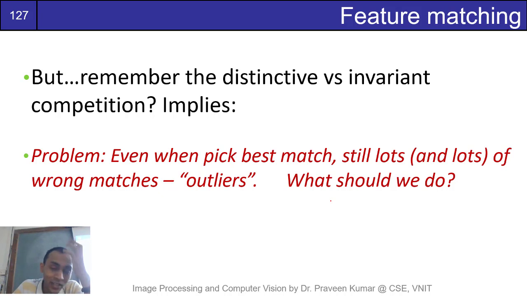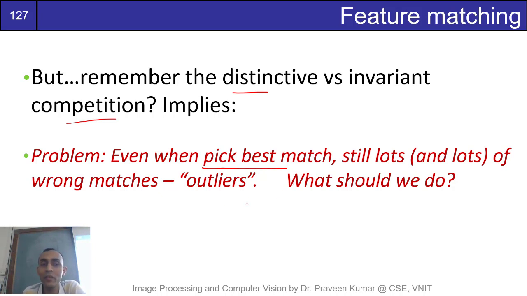Okay, but still it does not solve the entire problem, because as we said, we are trying to make this trade-off. Even when we pick the best match, there will be lots of key points, and especially in your database, you will have millions of key points.